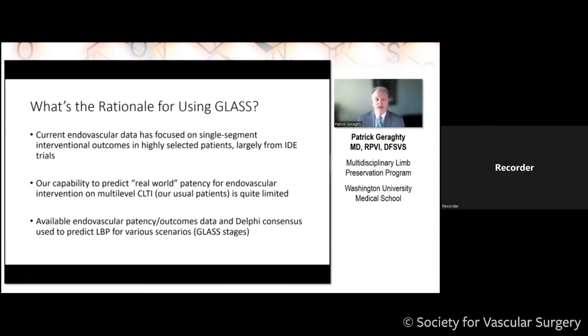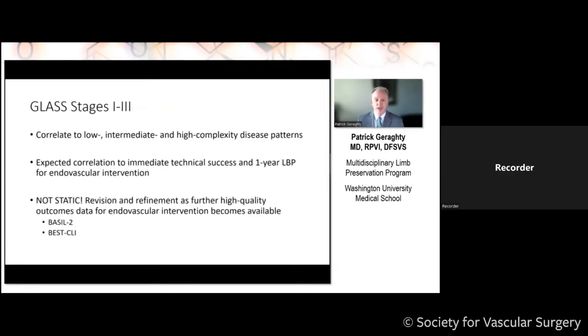In the Global Vascular Guidelines, the available endovascular patency and outcomes data was combined with the Delphi consensus of experts to predict limb-based patency for various scenarios, and these include the 3 GLASS stages. The GLASS stages 1 through 3 correlate to low, intermediate, and high complexity disease patterns.